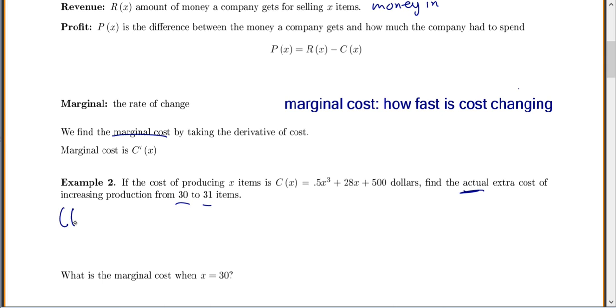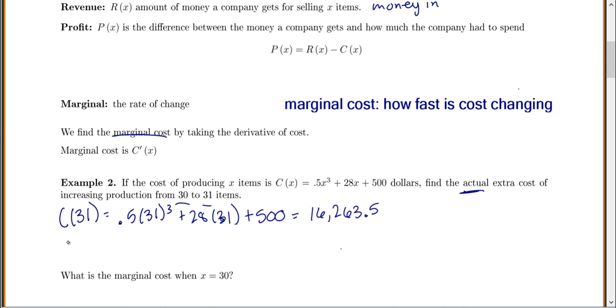To do this, you say, how much does it cost to produce 31 units? You plug 31 into this equation: 0.5 times 31 cubed plus 28 times 31 plus 500 equals 16,263.5. So that's the cost of producing 31 units.